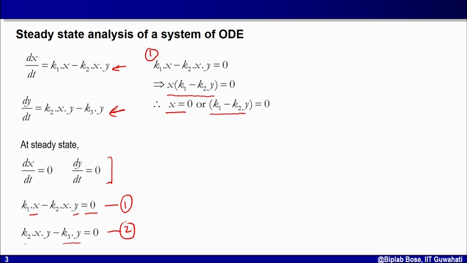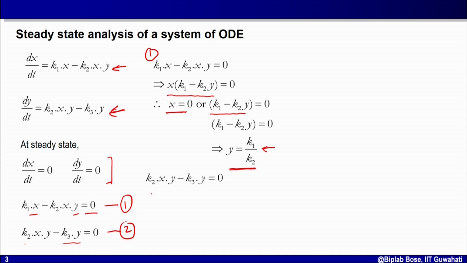If k1 minus k2 y is equal to 0, I can separate y on the left hand side and the rest on the other side, and I get y equal to k1 by k2. So from the first equation I am getting either x equal to 0 or y equal to k1 by k2. Now we will put these values of x and y in the next equation to solve.